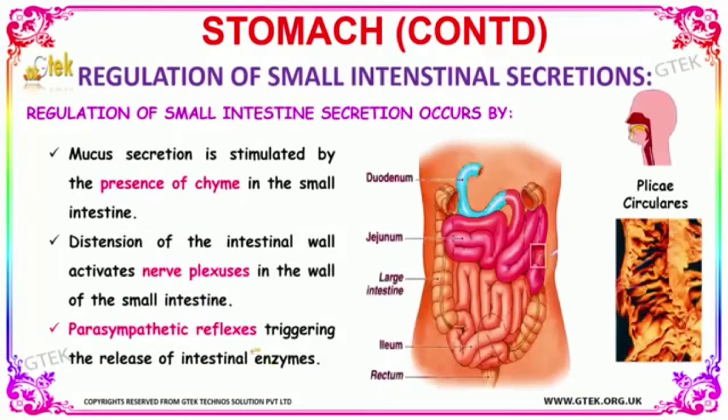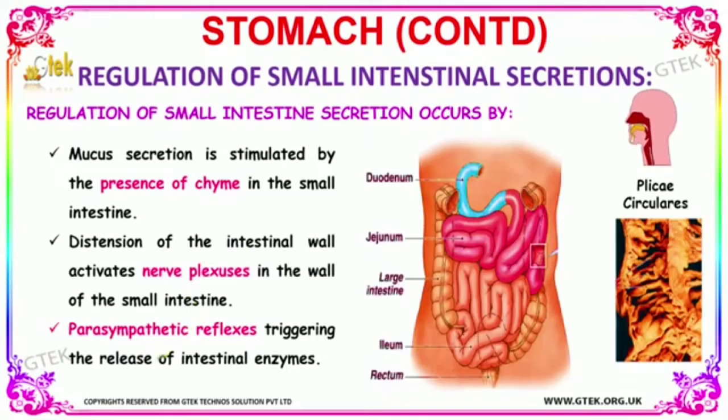Next we are going to see about the regulation of small intestinal secretions. The regulation of small intestinal secretion occurs by mucus secretion, which is stimulated by the presence of chyme which enters into your small intestine. The distension of the intestinal wall activates the nerve plexus in the wall of the small intestine.